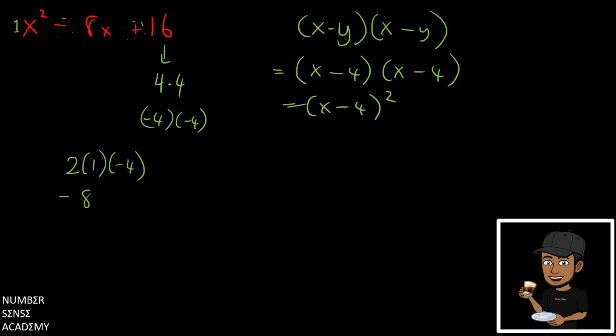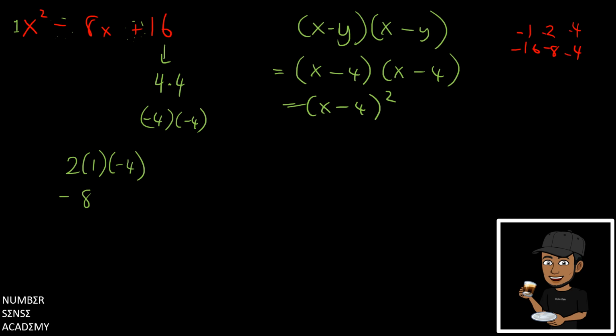If I wanted to take the long way to figure that out, it's the same thing. I need two numbers that multiply to 16 and add to negative 8. So numbers that multiply to 16: I have 1 and 16, 2 and 8, 4 and 4. Because I need a negative sum and a positive product, all of these are negative.